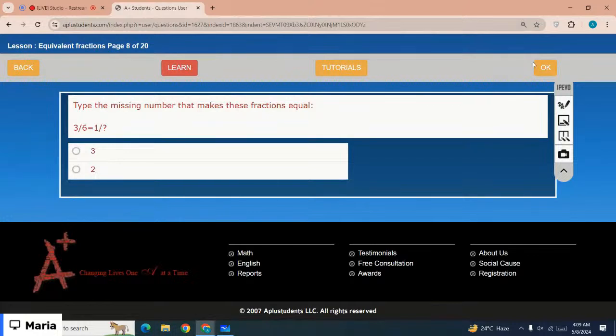Type the missing number that makes the fraction equal. So which number is missing? The correct option is 1 over 2.